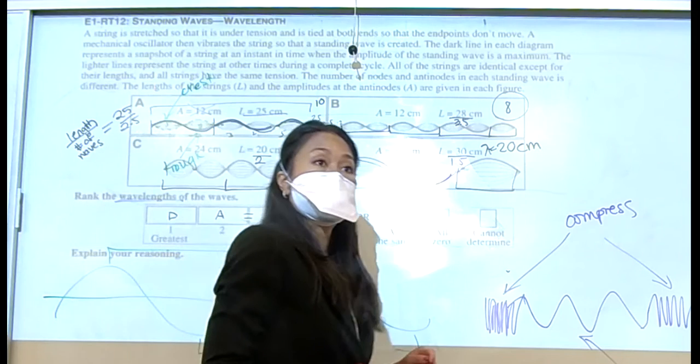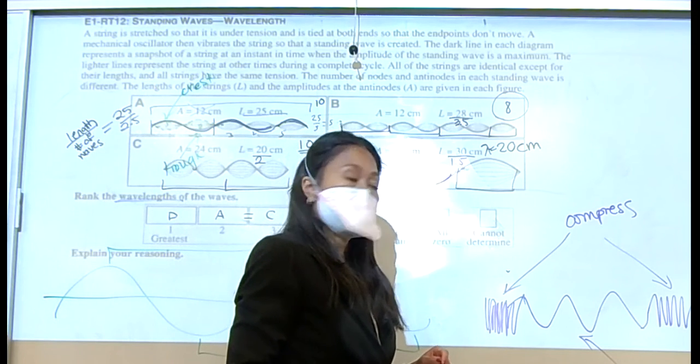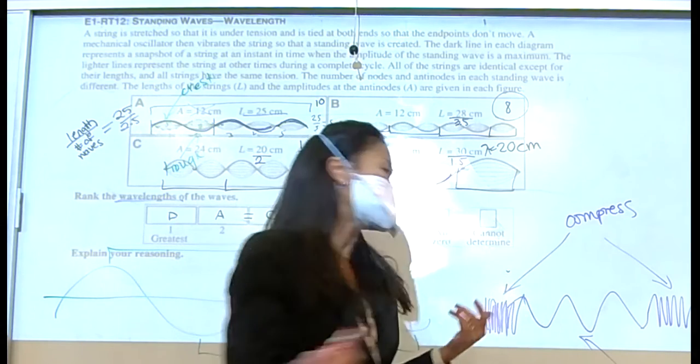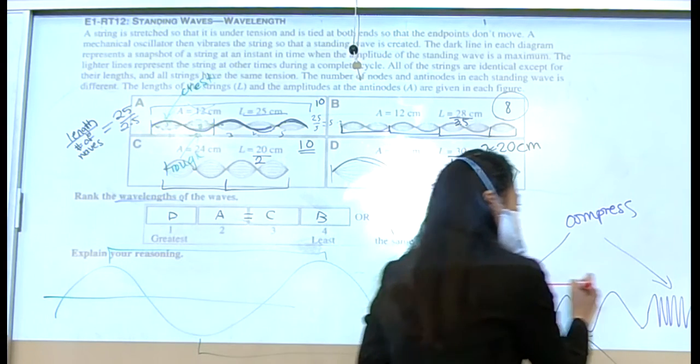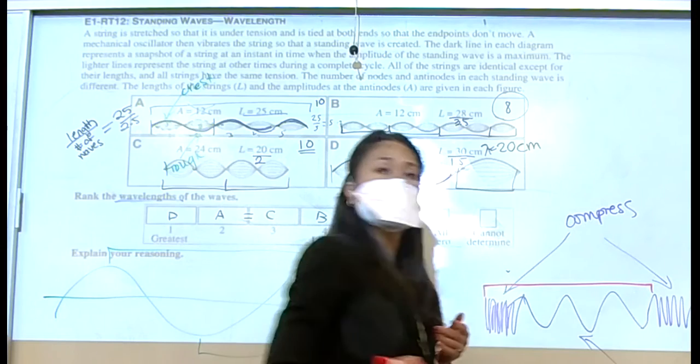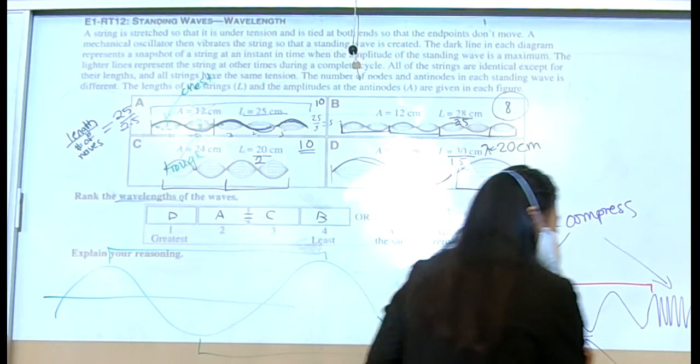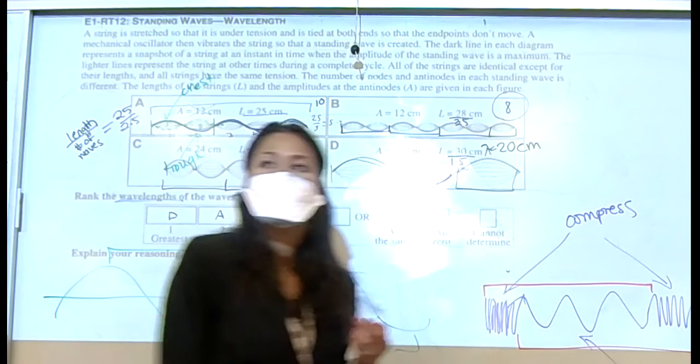Thomas. You want to go from compression, and usually you start at the same spot. So let's say go from the beginning of a compression to the beginning of the next compression. Or you can do the beginning of a rarefaction to the beginning of the next rarefaction.